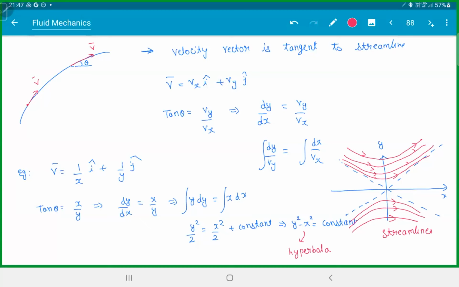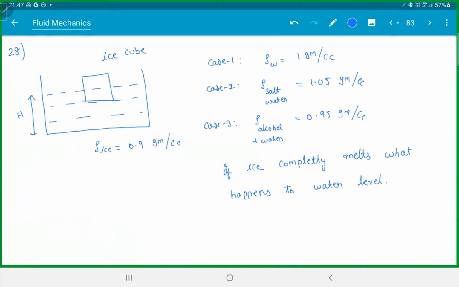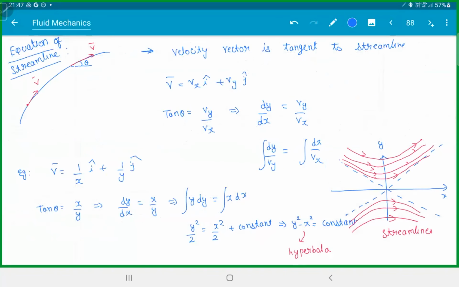So they can ask you like this: find the equation of the streamline. Do have a look at this page. You can put the heading, equation of streamline. Let me ask you a question on this.